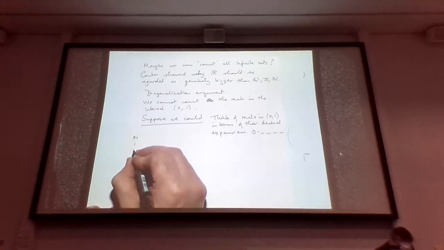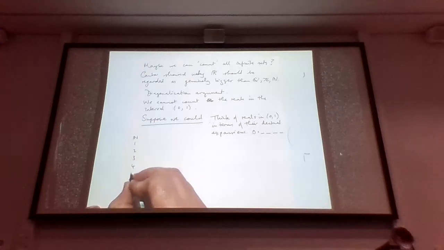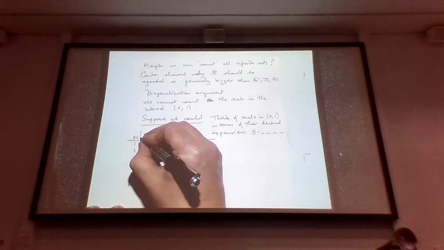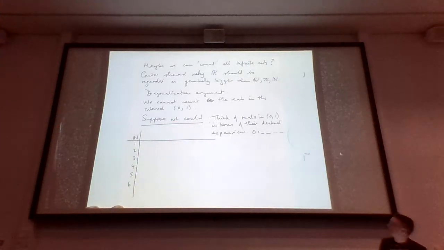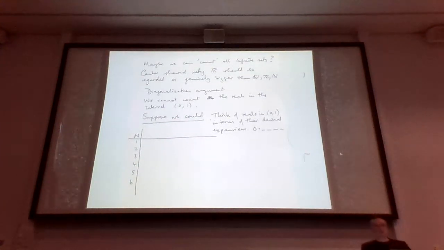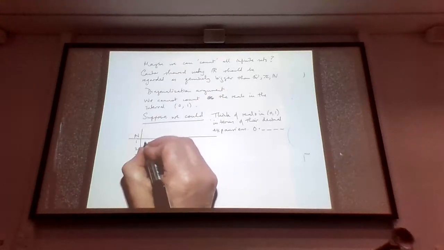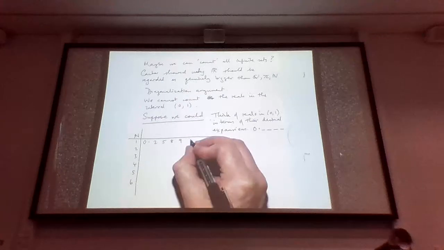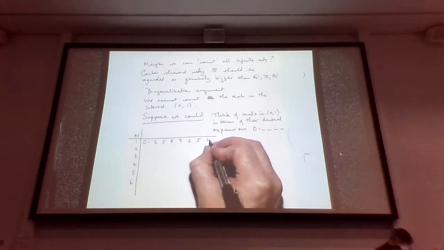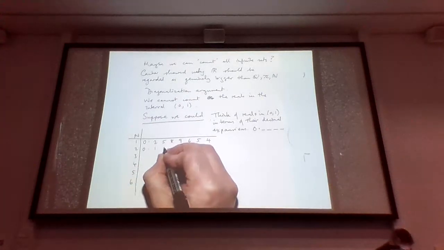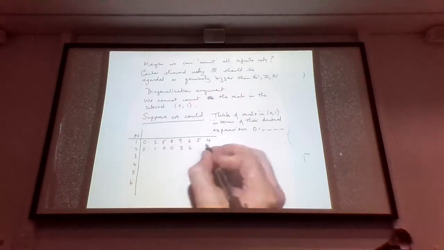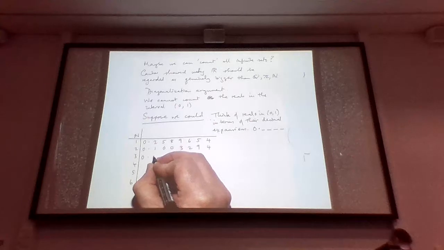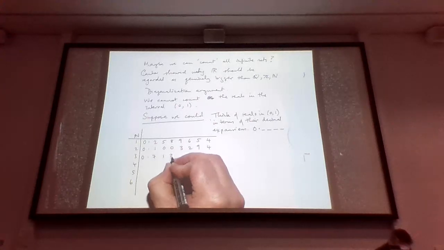Then we would have a bijection from the natural numbers, counting numbers, to all of the real numbers inside the interval 0 to 1. So let's just start to write down what this might look like. Okay, I'm just putting numbers down off the top of my head, random lists of numbers.